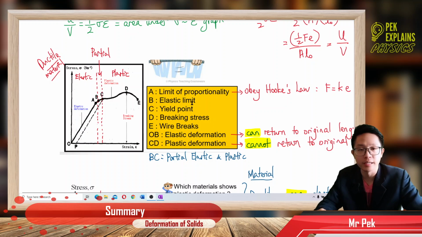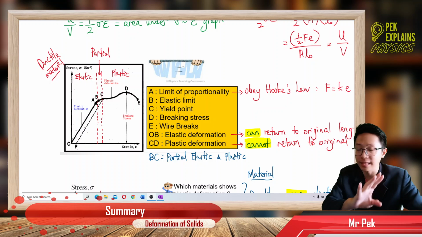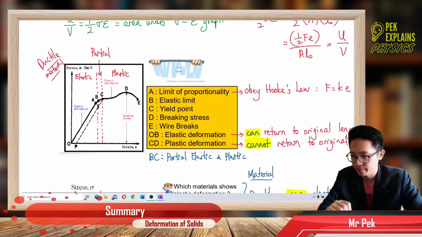We call it elastic limit. So before the elastic limit or until the point of elastic limit, that's the limit for elastic deformation. What's meant by elastic limit? Elastic limit means the limit for elastic deformation.